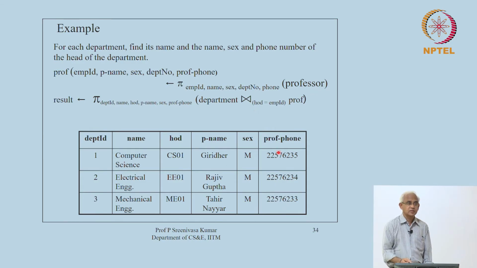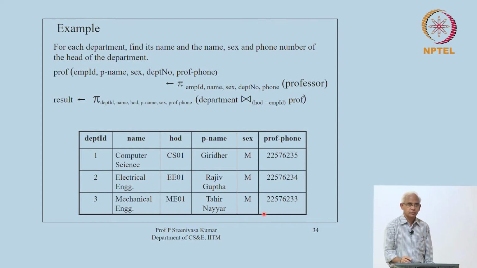How exactly this gets computed we will not go into right now, we will just look at them as mathematical operators, but then of course we have to worry about how exactly to implement these operators at an appropriate time later. Good.